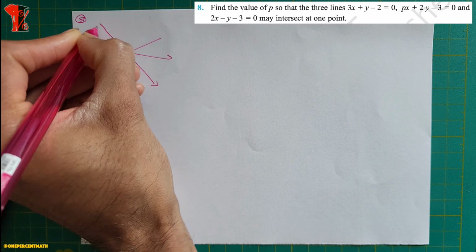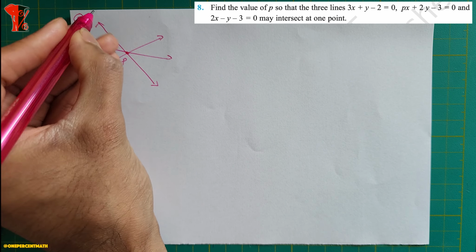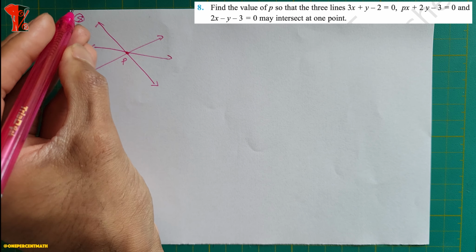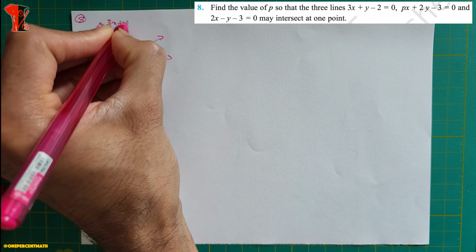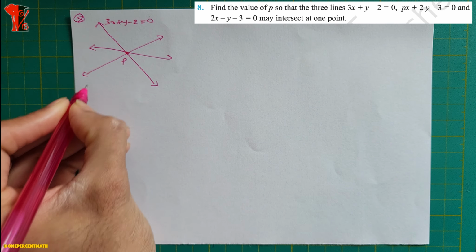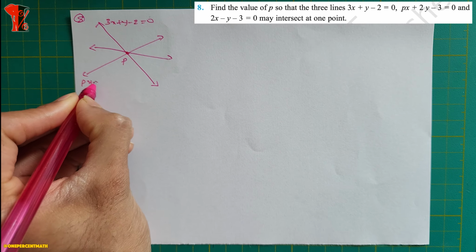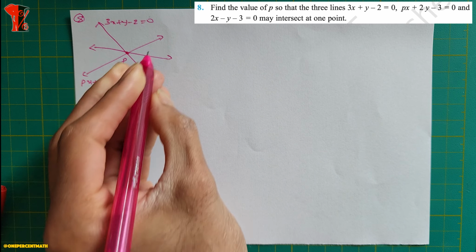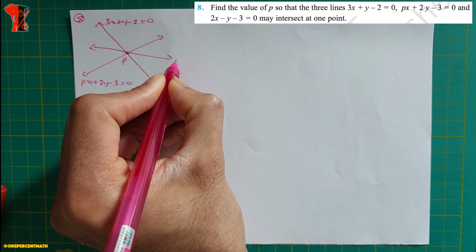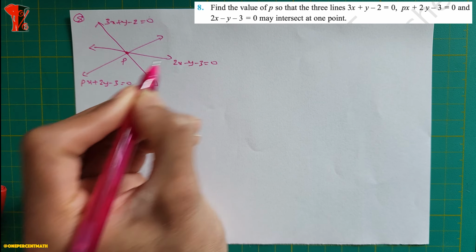According to the question, let us take this equation as given, 3x plus y minus 2 is equal to 0, and this equation as px plus 2y minus 3 is equal to 0, and this equation as 2x minus y minus 3 equal to 0.